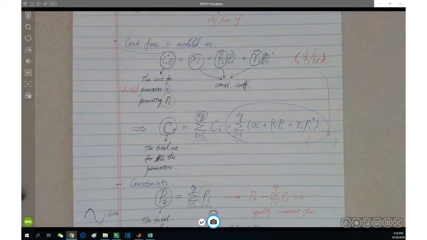Dollar per hour. So what does it mean? Because power, remember, power is what? The derivative of the energy, right? Power times the time equals the energy. You are using 1 kilowatt for 1 hour, or you use 1 kilowatt for 10 hours. It's absolutely different amount of energy. Therefore, different amount of money should be paid.